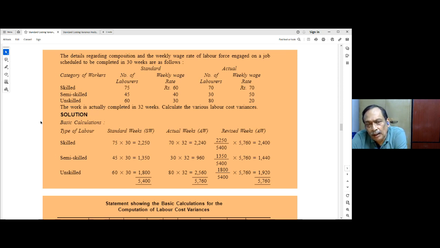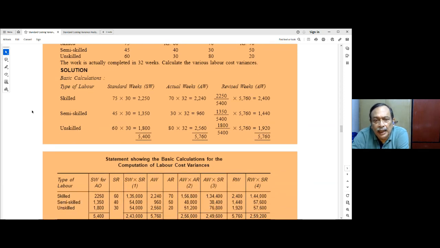Actually, 2 weeks are more as compared to the scheduled 30 weeks. Here we are going to calculate the various labor cost variances. Like material, we are going to have, as simple as that, type of labor: skilled, semi-skilled, unskilled.